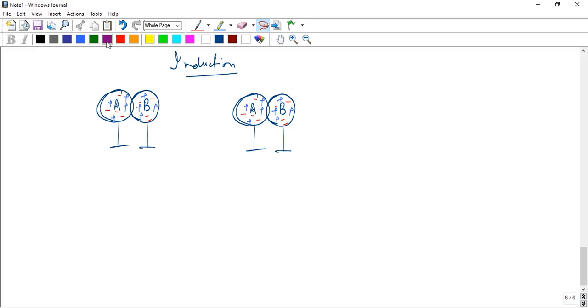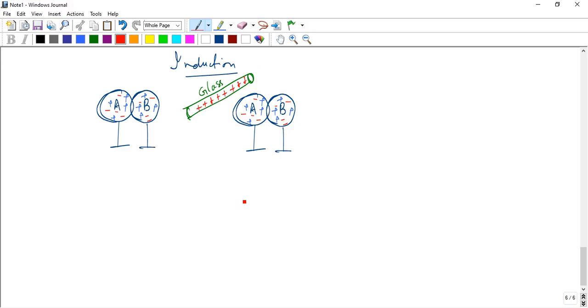Now bring a glass rod near them. You know the glass rod has positive charges after rubbing.